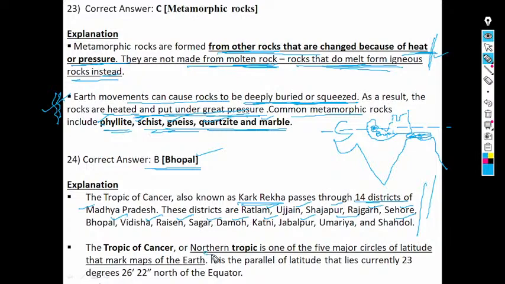The Tropic of Cancer, or the Northern Tropic, is one of the 5 major circles of latitude that mark maps of the Earth.